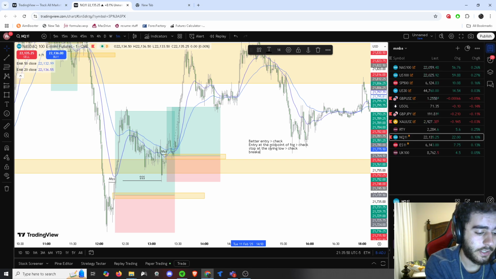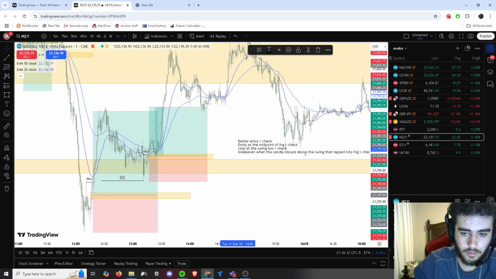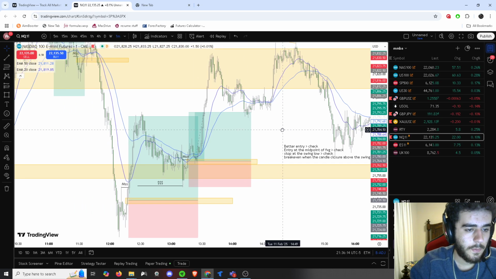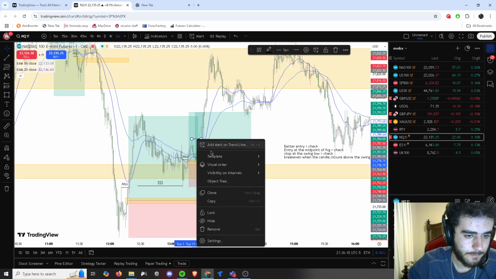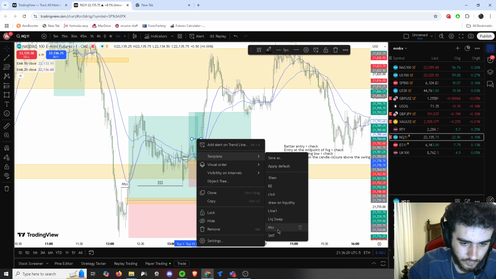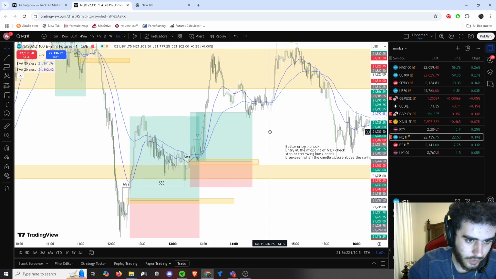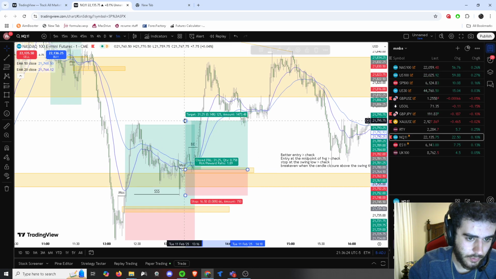And break even when the candle closes above the swing that tapped into fair value gap, check. So this would be our break-even point. Break even, and it ran 1 to 2.